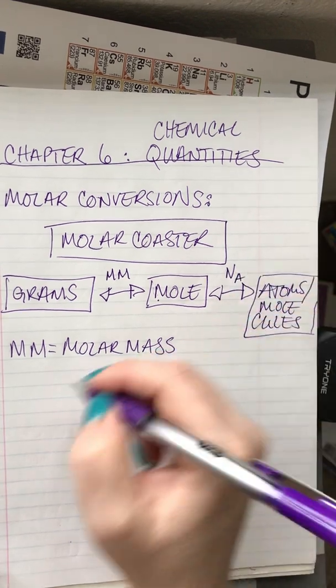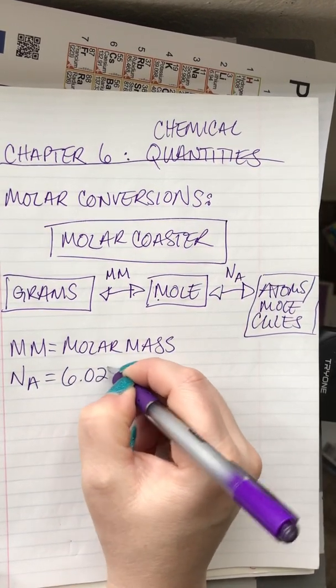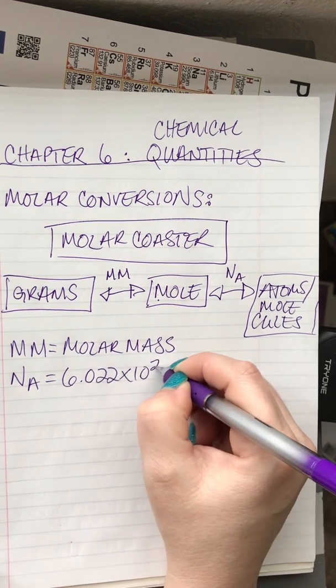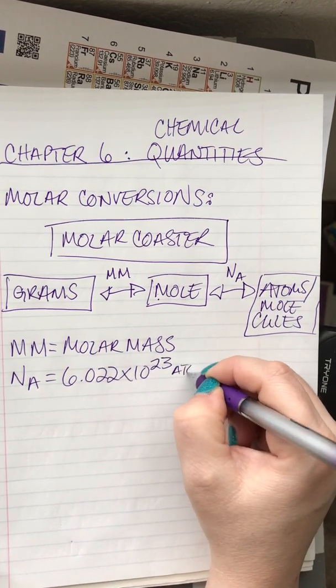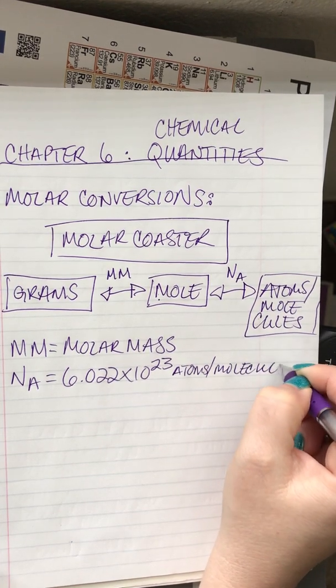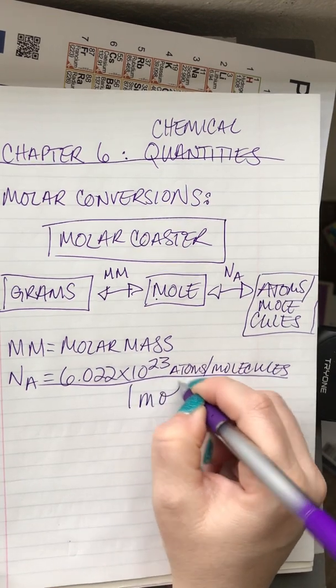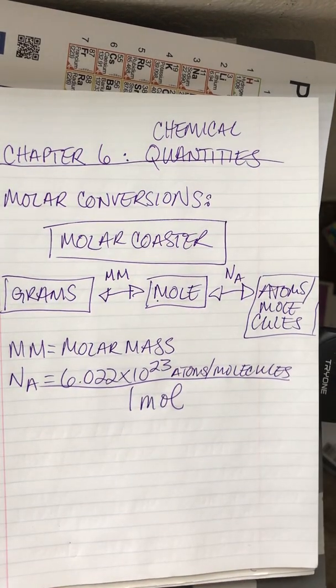Avogadro's number. And that's 6.022 times 10 to the 23rd atoms or molecules per 1 mole. Okay.